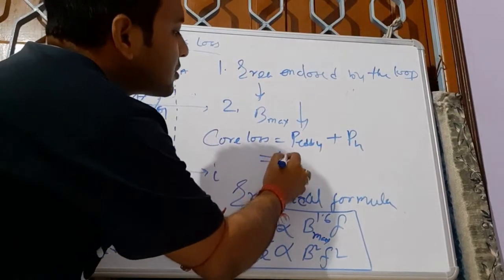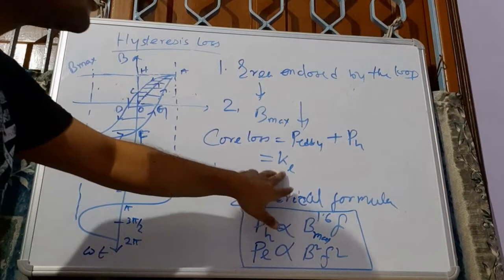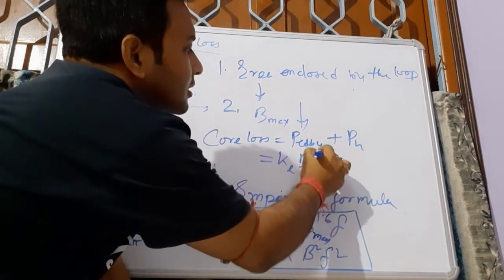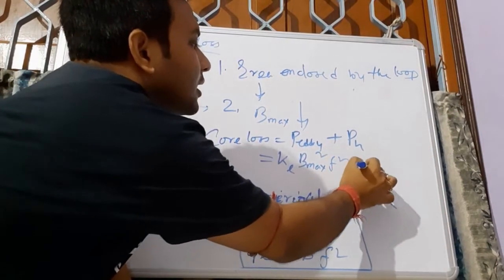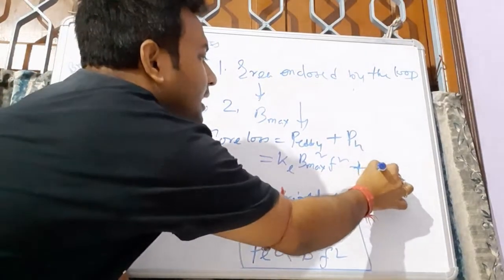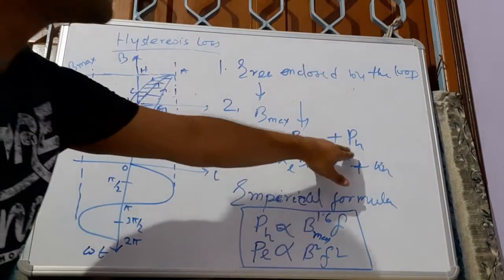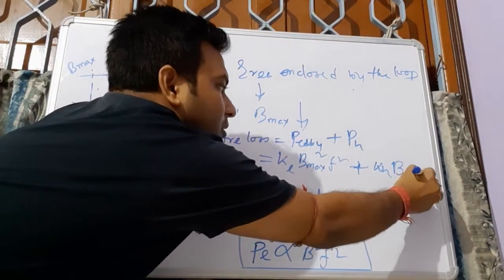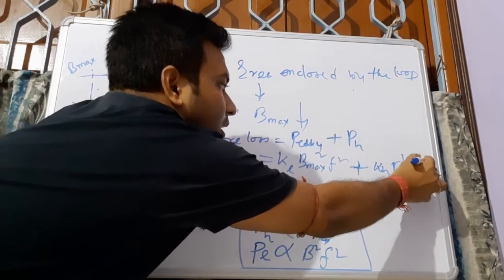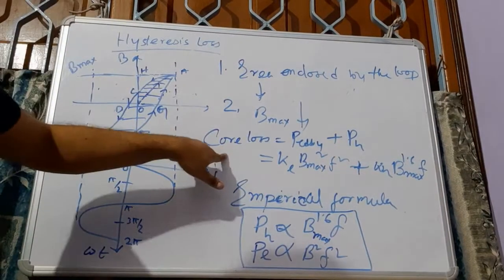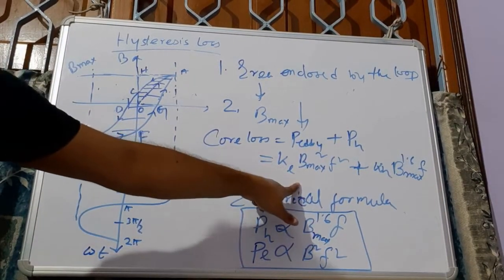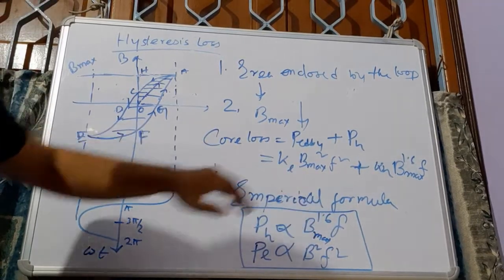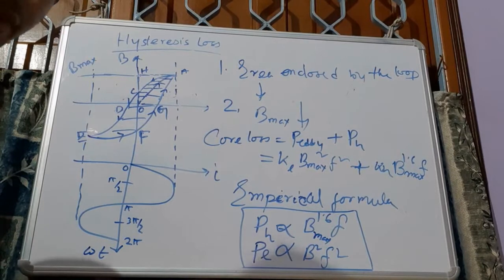Taking a constant Ke for eddy current loss, this is Ke B max square F square, and taking a constant Kh for hysteresis loss, this is Kh B max to the power 1.6 into F. This expression is very important from the problem and GATE examination point of view. Okay.